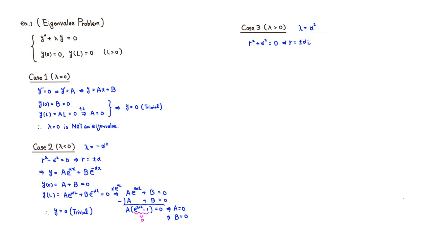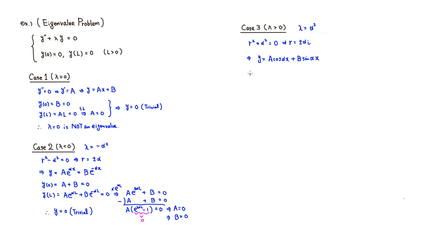So we have a solution of this form: y is equal to a cosine of alpha x plus b sine of alpha x, right?